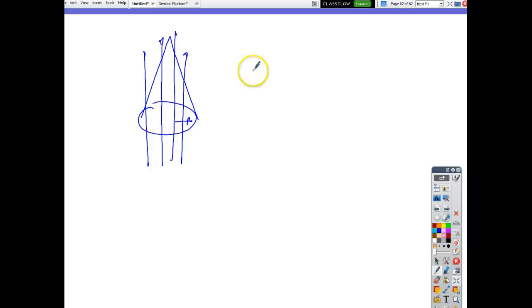Therefore, I'm just going to go EA sine of 90 degrees, if I want to put that on, as flux. The electric field is E, they didn't tell us. The area is going to be pi r squared because that's the area of the circle on the bottom, and the sine of 90, and we're done. You don't have to worry about the top.